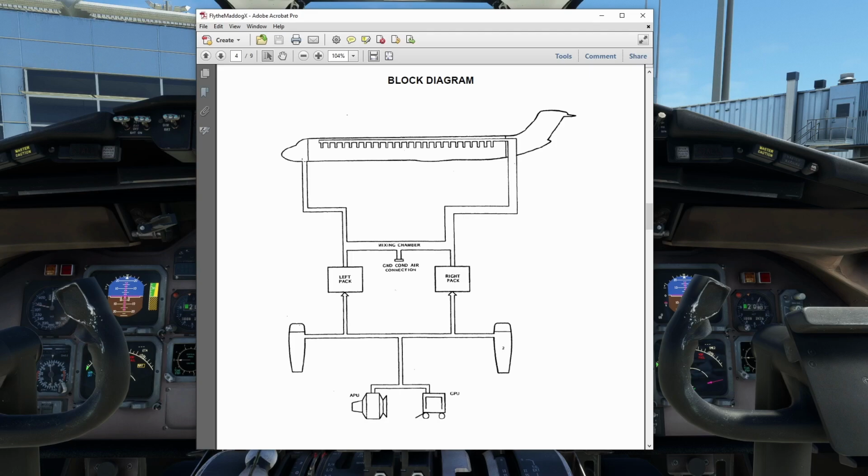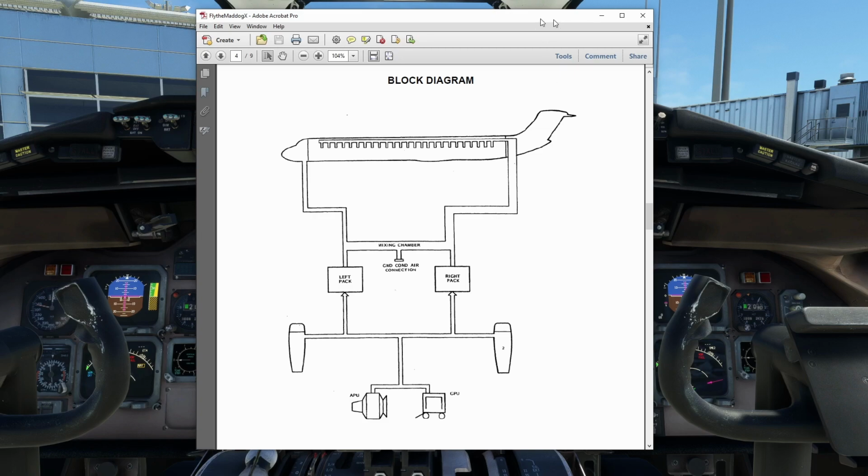The left side feeds the cockpit, and the right side feeds the main cabin. You notice they can mix though, so it's primarily, but it's not in complete isolation, because remember those isolation valves are back here, they're not up here. Okay. So just be aware of that.